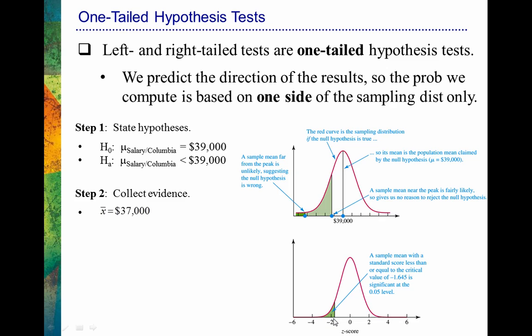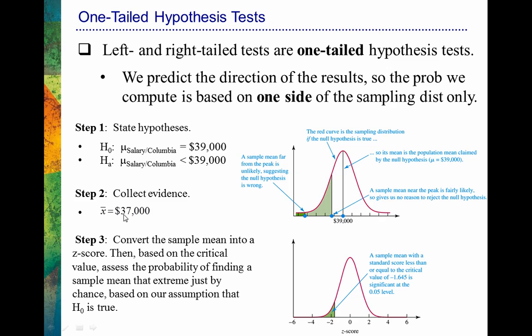And then we will figure out where our mean is. So what we're going to need to do is convert our sample mean into a z-score. That's easy. We've done that several times already. We've got a simple formula for converting a sample mean into a z-score. Once we convert that into a z-score, then we can figure out where exactly in this distribution that score is.